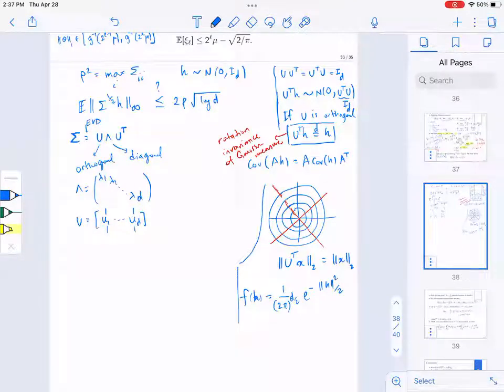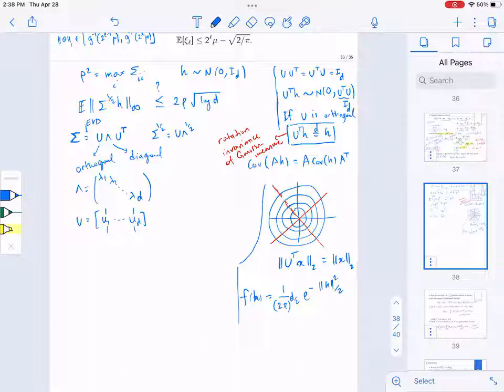If I have a decomposition like this, what would be sigma 1/2? Anyone know? What is the definition of sigma 1/2? Sigma 1/2 squared is equal to sigma. So this is valid as well. This is an asymmetric square root.